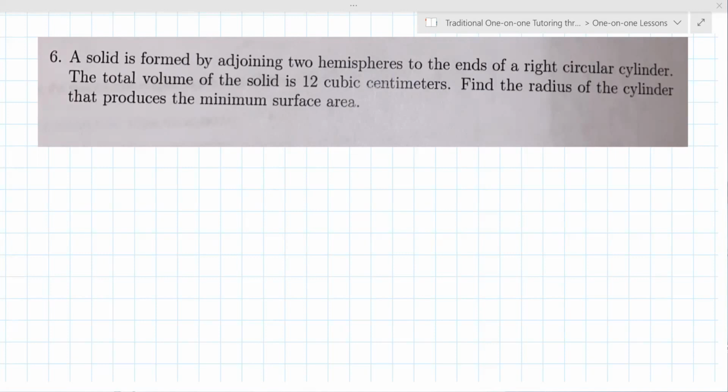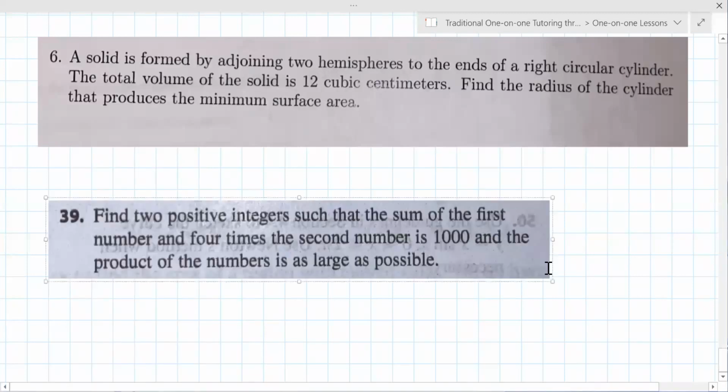I want to do 36, 38, 39, or 38, 39, 40. Let's do 39 first because it's kind of like number one, so maybe it will make sense here when we do it. Alrighty. And you may have to give me that list again with numbers or throw it in the chat also.